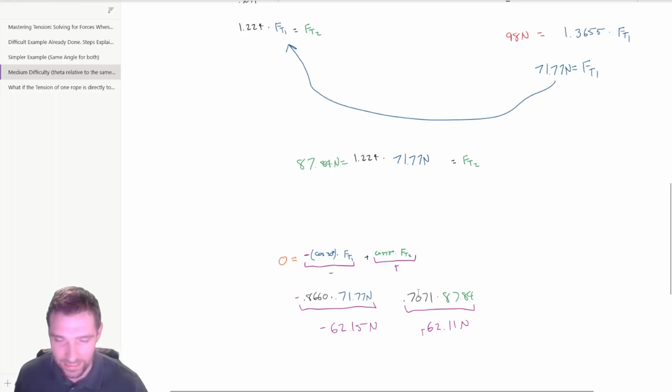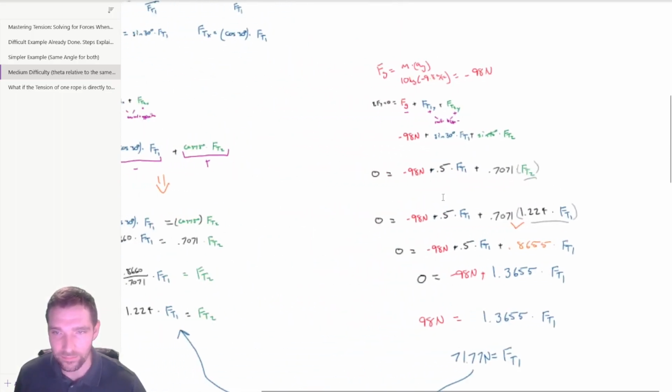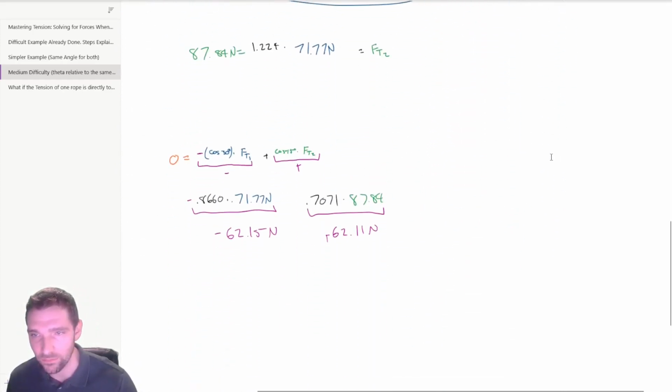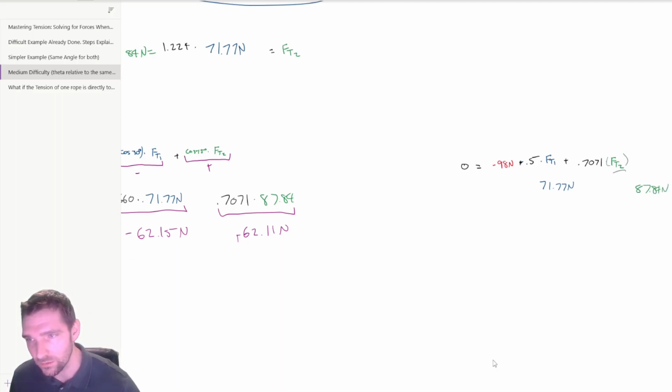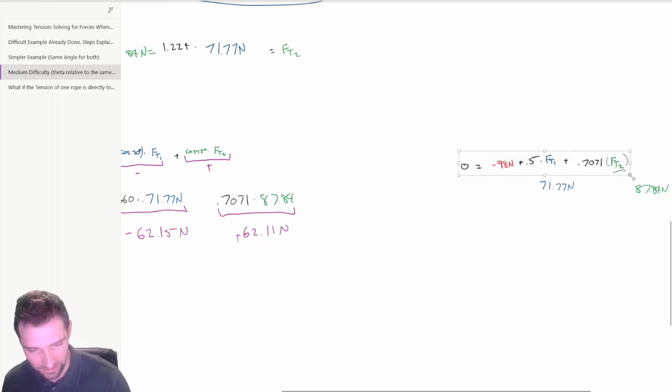And so you can see the x-axis cancel out, and we could do the same sort of thing for the y and kind of see how much they contribute each to the y-axis. And that is totally doable. So let's just take this guy right here for the y-axis and substitute those back in there. We got the 71.77 newtons and the 87.84 newtons, and they're going to be times by their respective pieces in this equation. So just replace them in here.